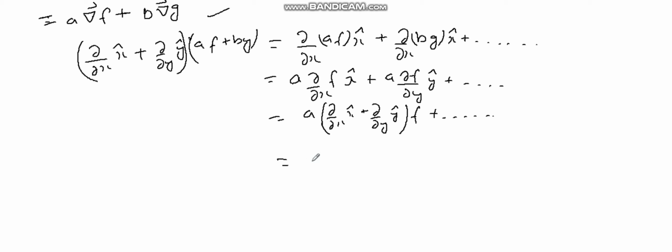So this will finally be A times del of F. In a similar way, for the G case the same thing will go on, and finally we will get B times del of G, which is this expression.